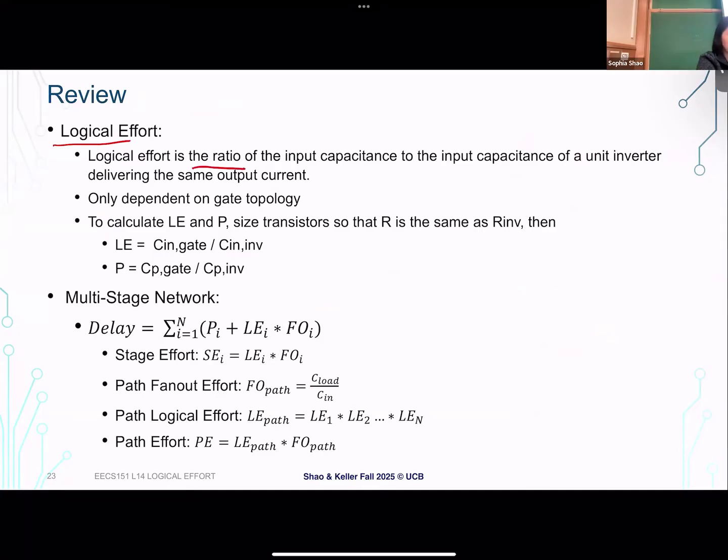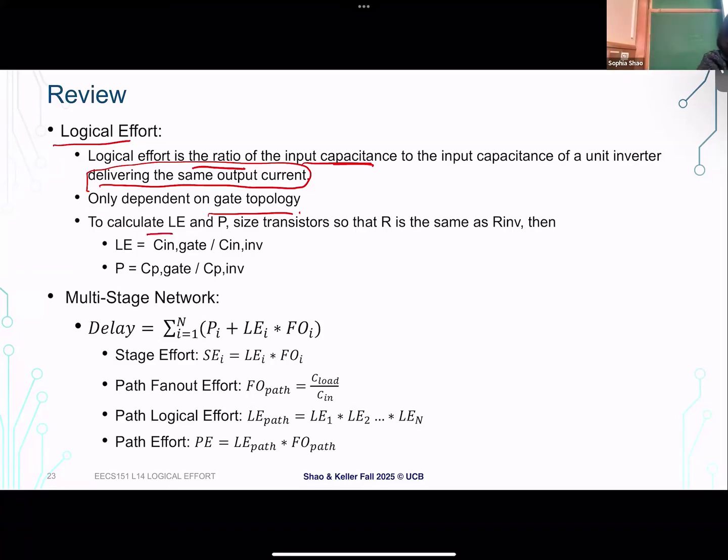It's basically the ratio of the capacitors to deliver the same current. It only depends on the topology. It's really a way to measure the internal topology complexity and the effort we make to overcome that complexity.